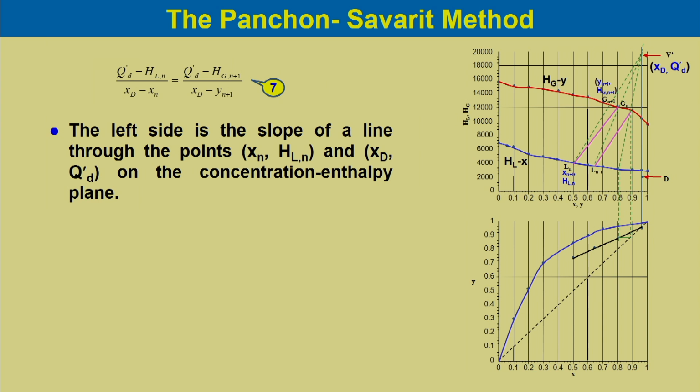The left side is the slope of a line through the points Xn, HLn and Xd, Qd dash. If you look into this, this is also the slope of a line through two different points, one is Xn, HLn and another point is Xd, Qd dash, on the enthalpy concentration diagram.